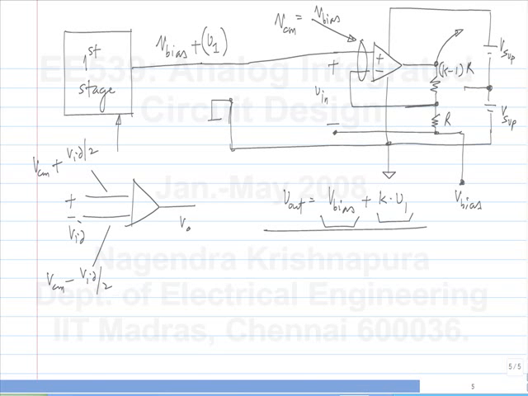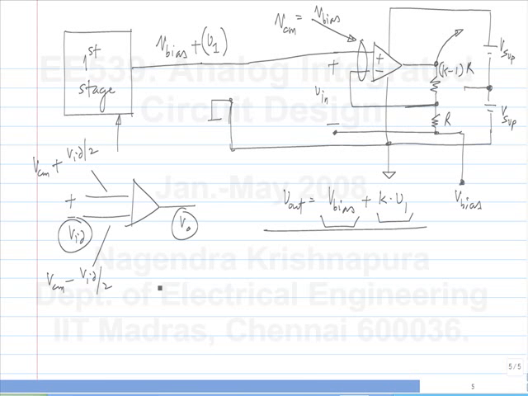So, the relationship between VID and V0 should not depend on the VCM. Okay, you should be able to have any value of VCM. The relationship between the differential input and the output should remain the same. Okay, that is, the common mode input value doesn't matter. Now, of course, there are some limits to it. That is, you can't take it beyond the supplies and so on, but within its limits, it should not have much effect. So, that concept is known as common mode rejection.